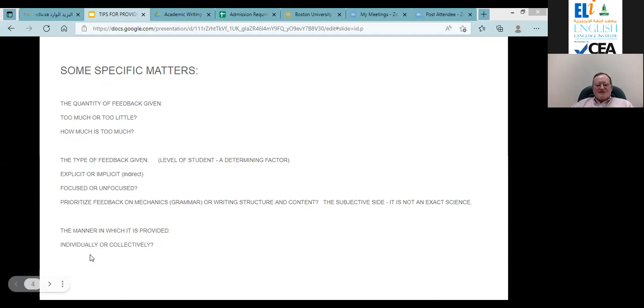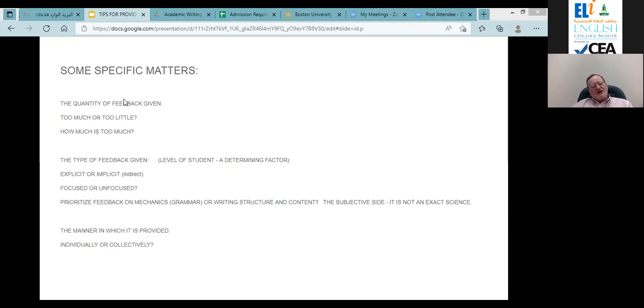The level of students, I've already brought this up, I say it's a determining factor. Now, you have to know your students, and you have to know their true level. And of course, you need to know the level according to the standards.